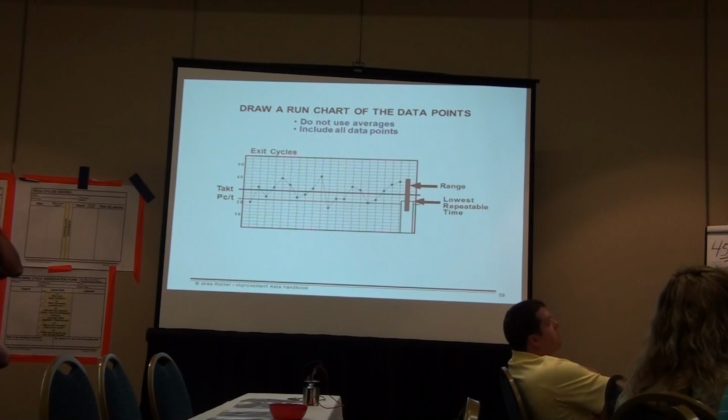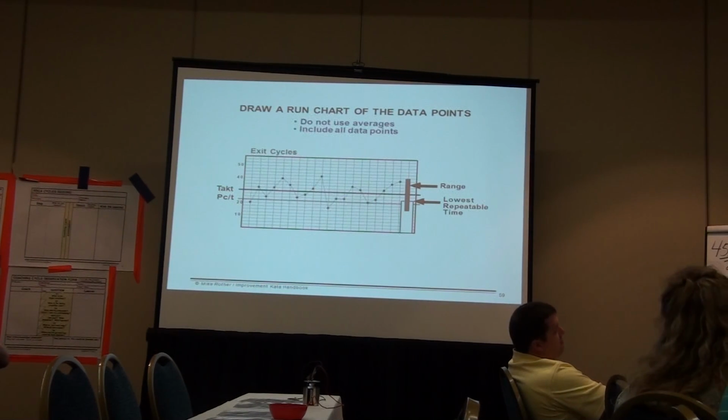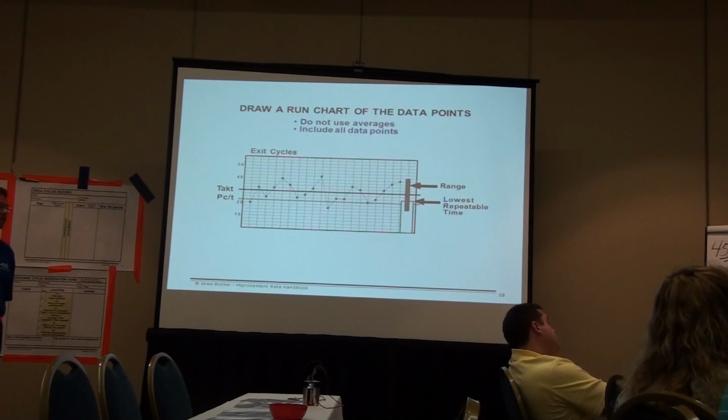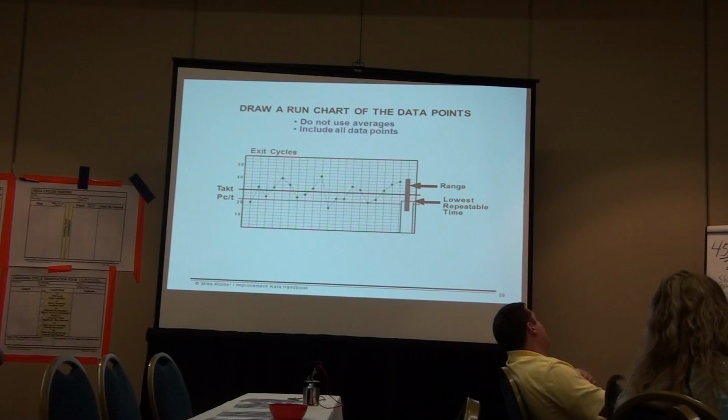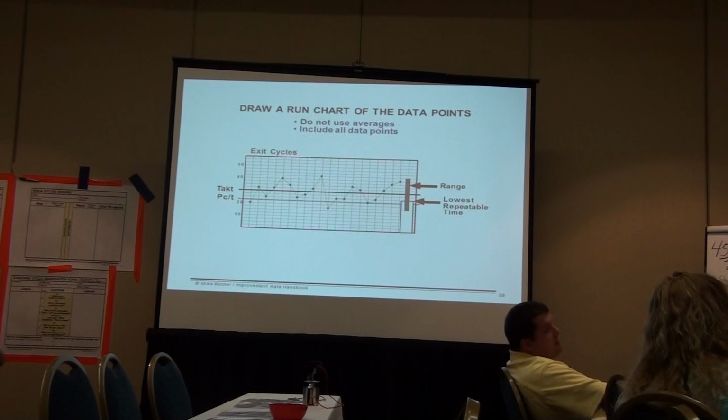It was just an anomaly. We don't want to do that. There's a reason why that happened. It's usually a common cause variation, and we want to find what caused it so it doesn't happen again. So don't exclude any data. The other thing is, it'd be real easy to say, for our lowest repeatable, I'm going to use the average, 16 seconds. But is that striving for improvement?